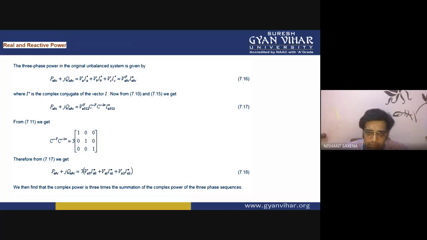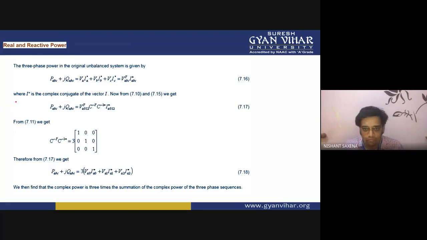Now, VA is equal to 1, VB is equal to 1.2 with an angle of 110 degrees, and VC is equal to 0.9 with an angle of 120 degrees.